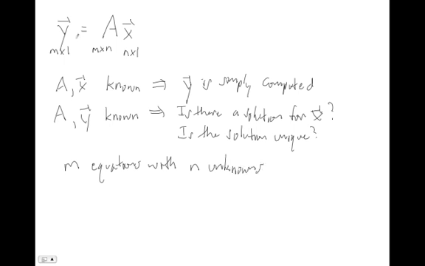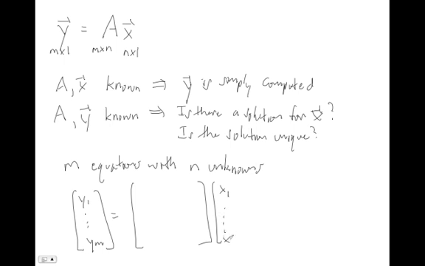So really, when we look at this, we have y1 through ym, and that's going to be equal to some big A matrix times some x1 through xn, right? And so each of these rows essentially becomes an equation that we're solving.